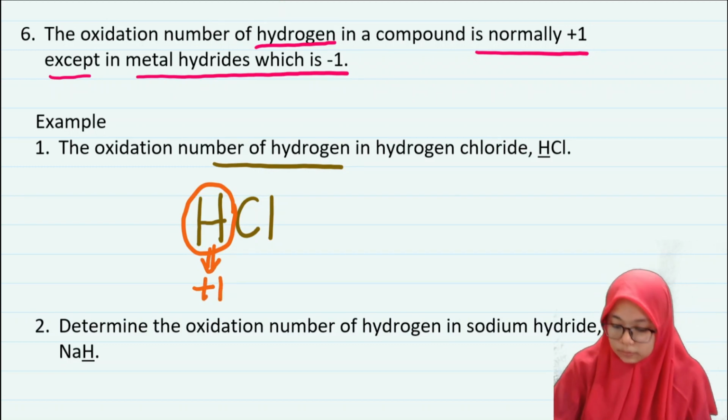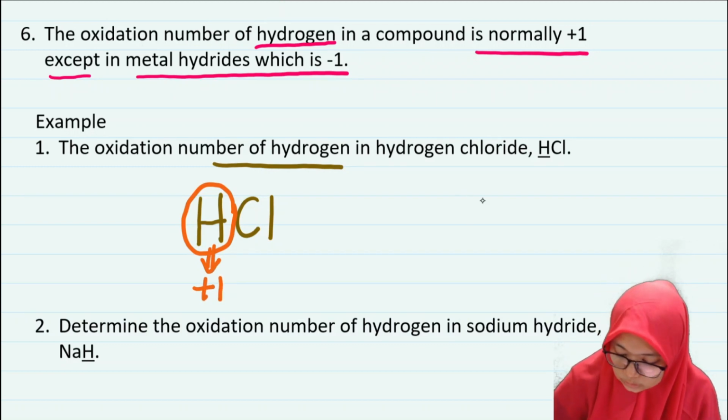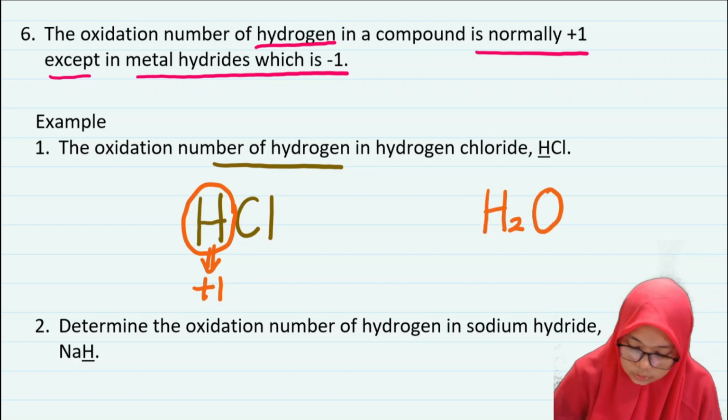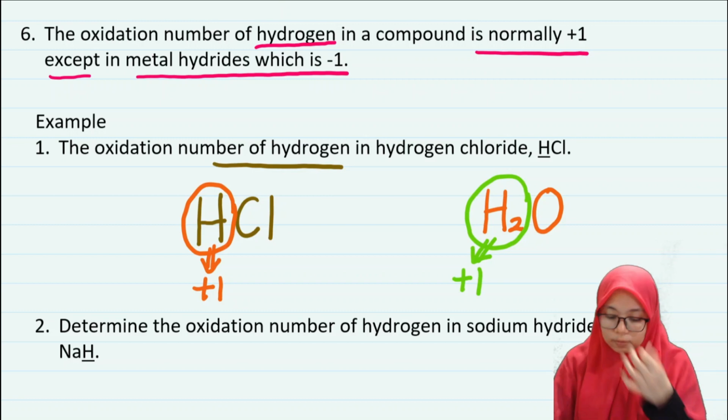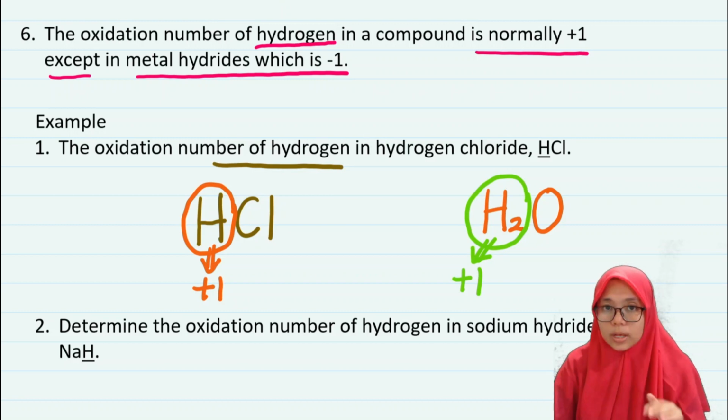Another example, if you have water, which is H2O, again the oxidation number for hydrogen in this compound is positive 1. The only exception that you have for hydrogen is when a metal hydride forms. What does metal hydride mean?